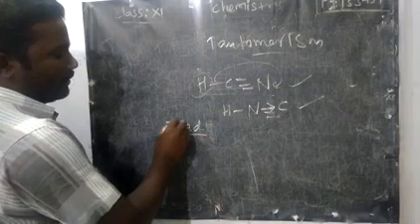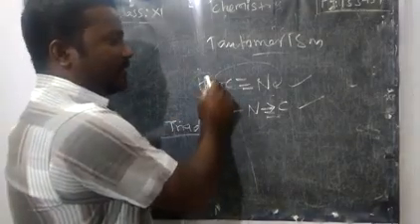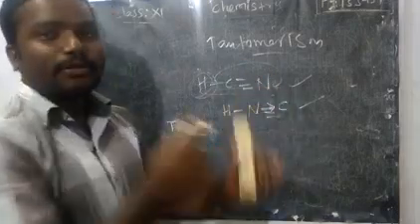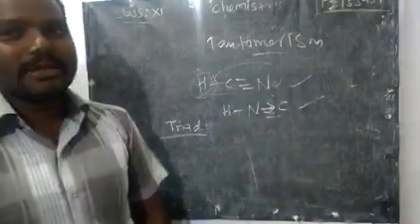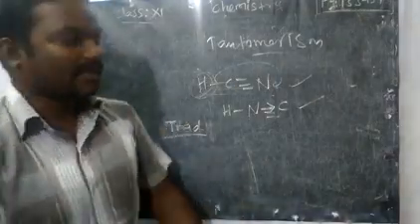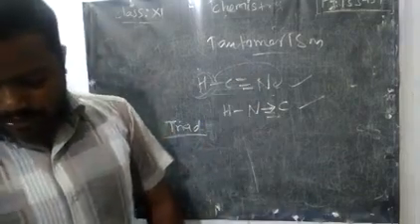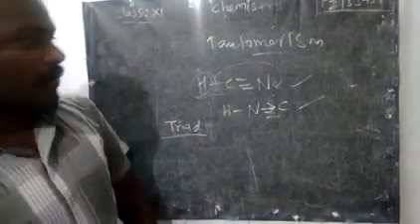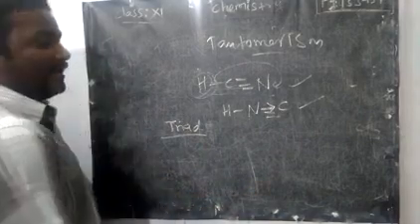Triad means what? 3. See here the hydrogen is moving between two nuclei, that means two elements. One is carbon, another is nitrogen. Suppose the hydrogen is moving between 3 elements, that is called a triad system. Okay. So it is the oscillation of a particular atom between 3 polyvalent atoms.